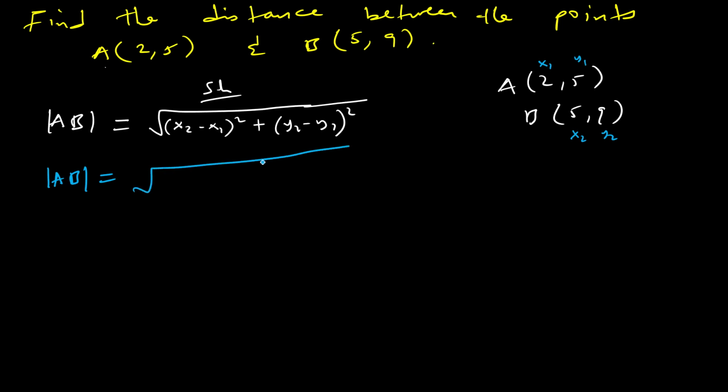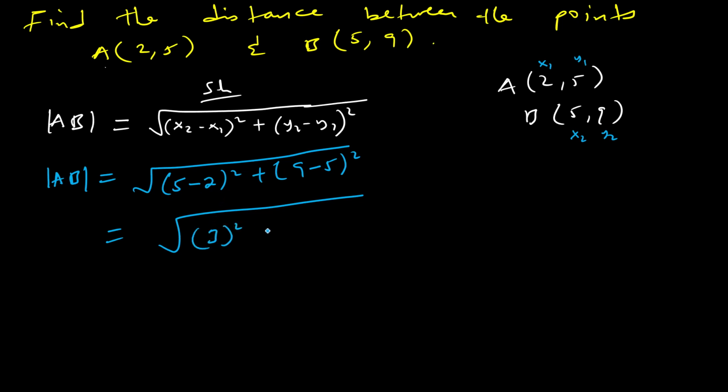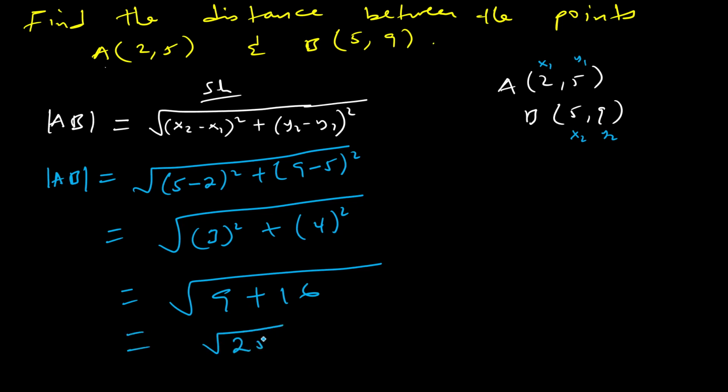Let's substitute. What is x2? x2 is 5, x1 is 2, y2 is 9, y1 is 5, all squared. 5 minus 2 is 3, so you have 3 squared. 9 minus 5 is 4 squared. 9 plus 16, so we have 25.